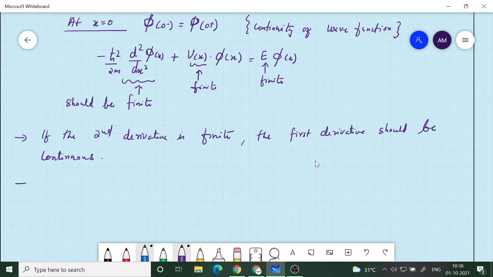Now, second point: the first derivative is continuous. Now what about the magnitude of the first derivative?